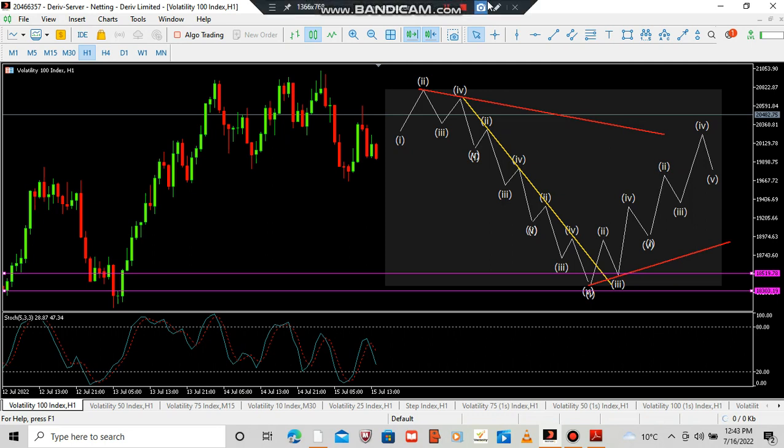But guys, remember what you do first: you look at the previous footprint, and then you mark your layer line. When it breaks, you wait for the retracement, check divergence, and then enter.